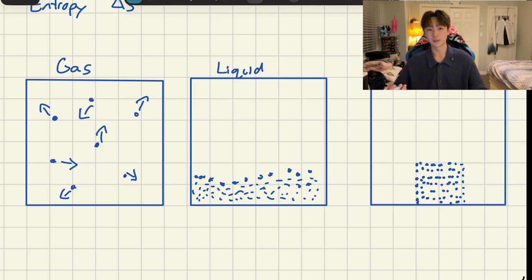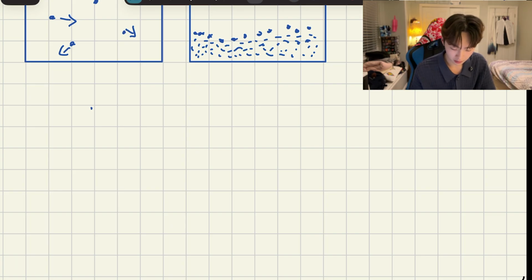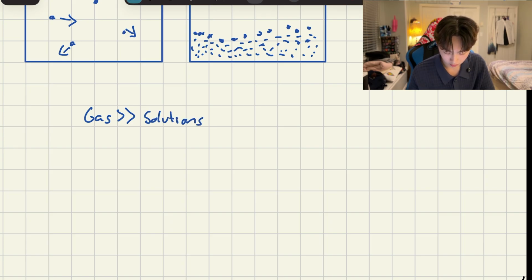So that's a little bit more disordered than when you have a room full of similarly heighted people. So that's why aqueous solutions are more entropic than liquids. So to rank them, the highest entropy is gas, which is much more entropic than solutions, which is a little bit more entropic than liquids, which is much more entropic than solids.